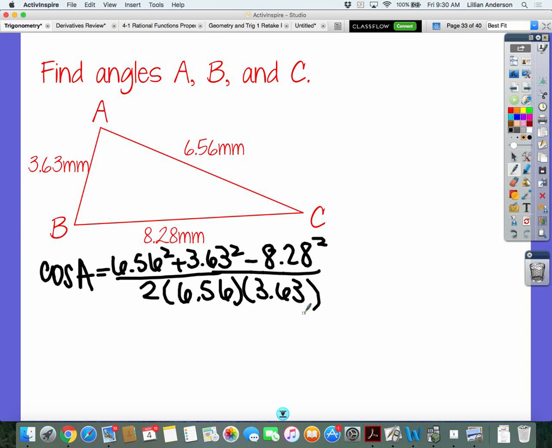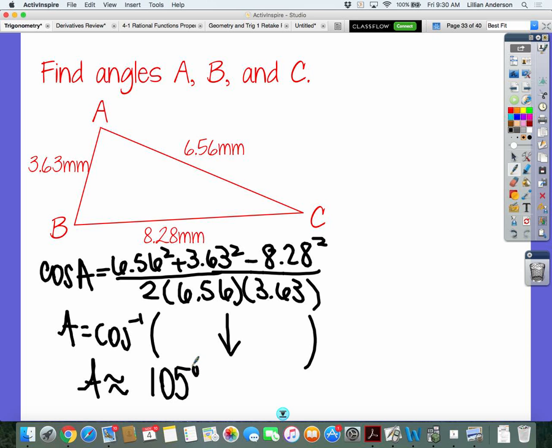Awesome. Okay. Remember, you always subtract the side opposite of the angle that you're trying to find. Okay? And so then whatever this decimal is, you're going to take the cosine inverse of this whole thing. Okay? So hopefully if you did it accurately, you should have ended up with 105 degrees.